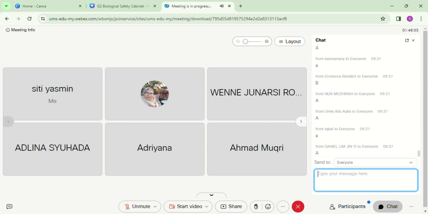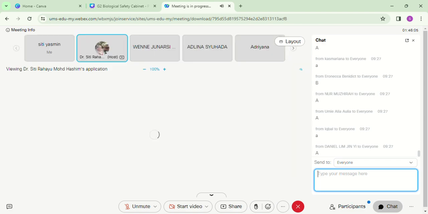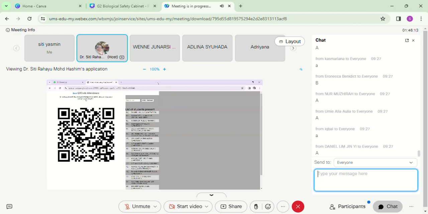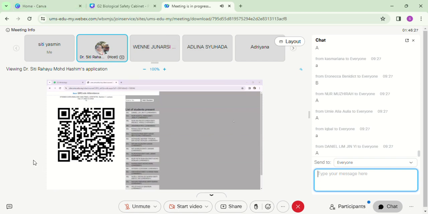Any questions? Saya share balik attendance to those yang belum lagi scan attendance. Sementara tu yang lain boleh bertanya soalan. Ada soalan? Saya tengok chat ya kalau ada yang nak bertanya. Ataupun you can unmute yourself.